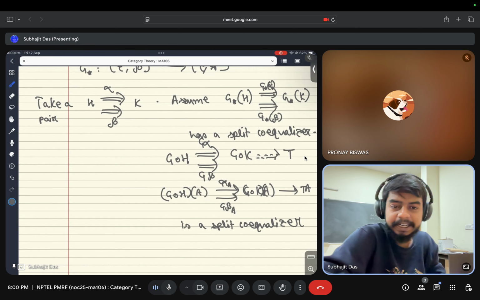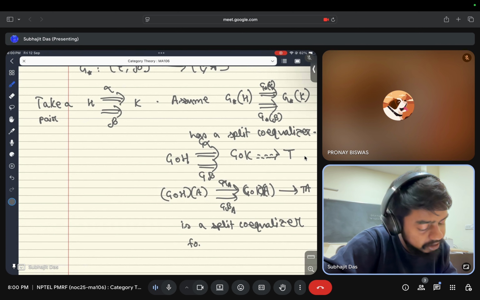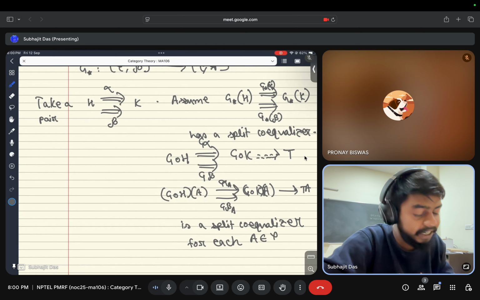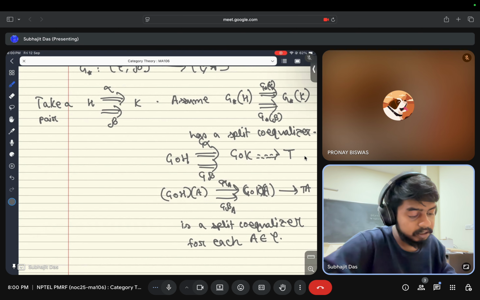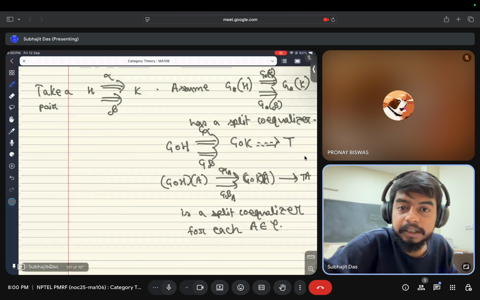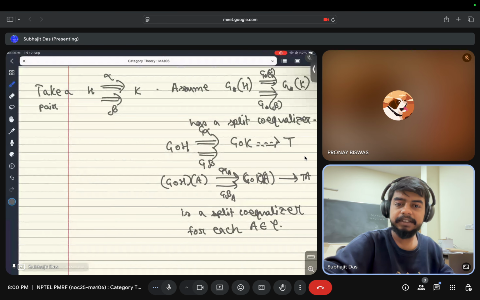This co-equalizer is split for each object A in C, right? Agree? Yeah, so now what can we say?